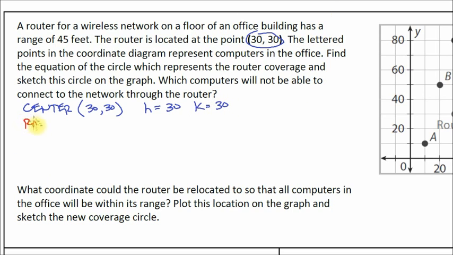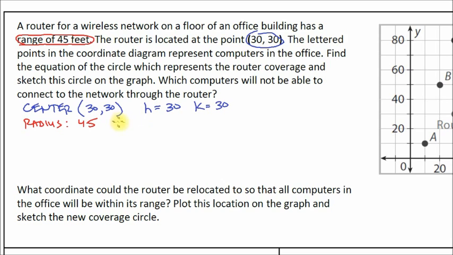Let's take a look at the next part. We've got to figure out what the radius is. Well, if the range is 45 feet, that is our radius. That's how far the signal will travel in every direction. That's the distance from the center to the outside edge of the range of this router. So the radius is going to be equal to 45.